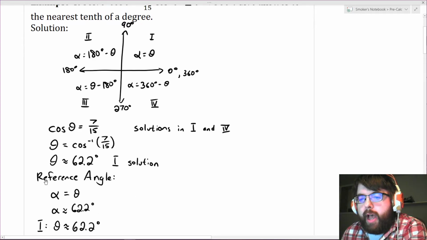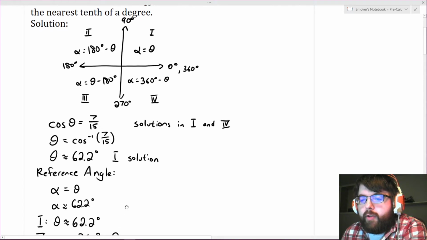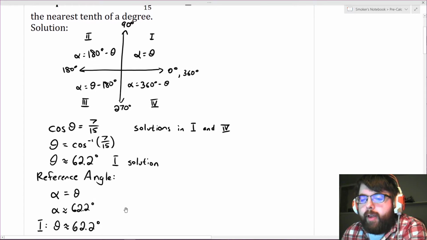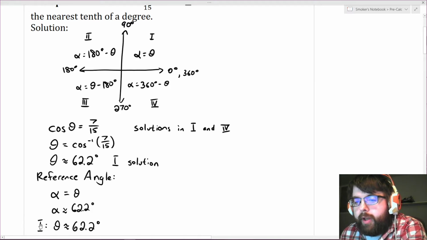After I found the reference angle, I know the first quadrant solution is up here, but the reference angle won't always be this easy to find. I just want to group my two solutions together. I've decided that I'm going to always put it in quadrant order: quadrant 1 solution, and then quadrant 2, 3, 4, whichever ones you're looking for, not all four, but the ones that you're looking for.